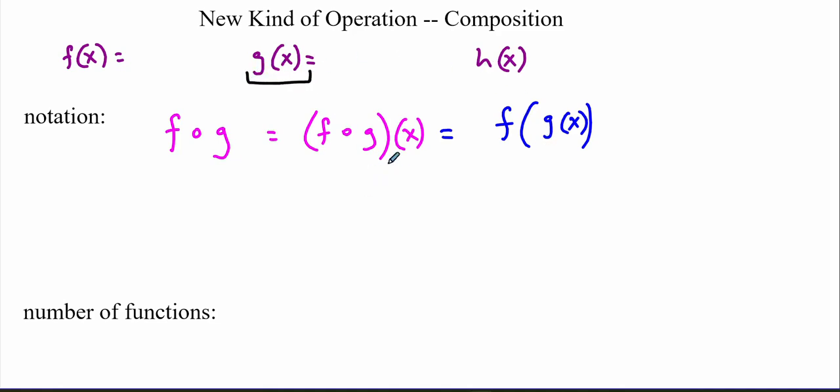Whatever this is, you're going to plug into the F function wherever you see a letter X. This goes plugged into whatever you have a letter X throughout this F function. With specific functions, it'll make a little more visual sense, but that's really what you're doing.